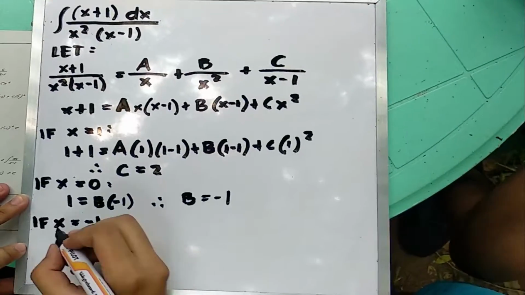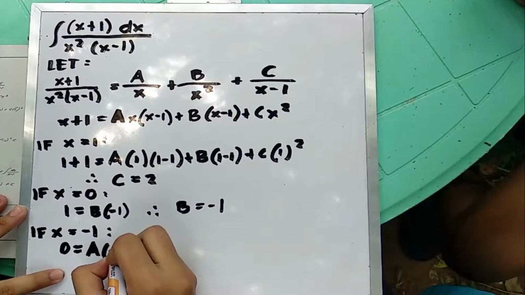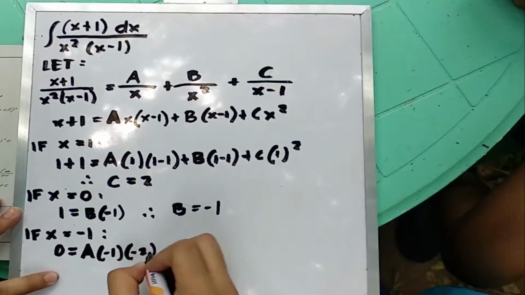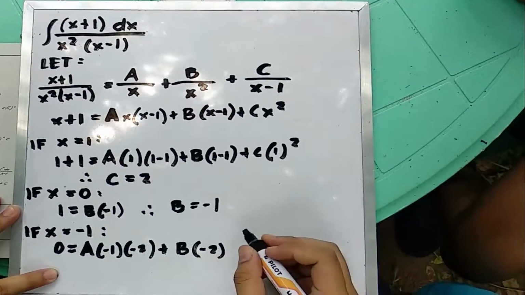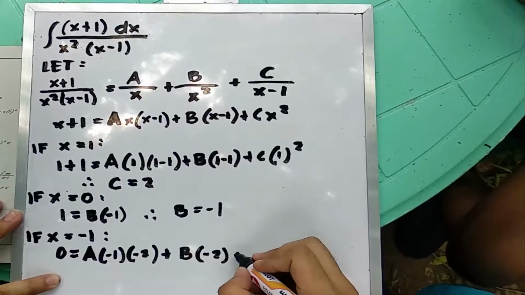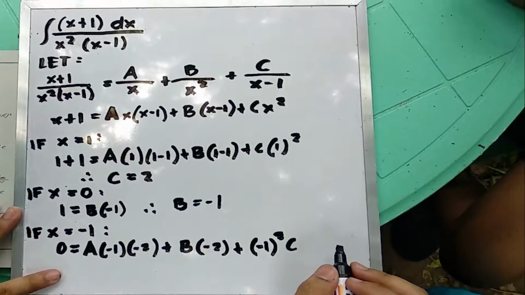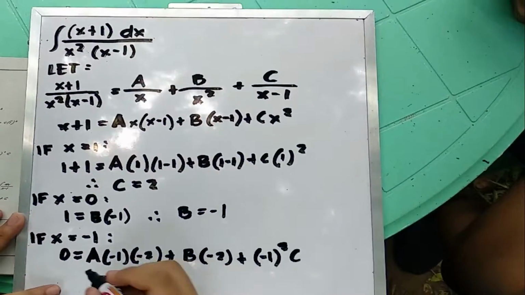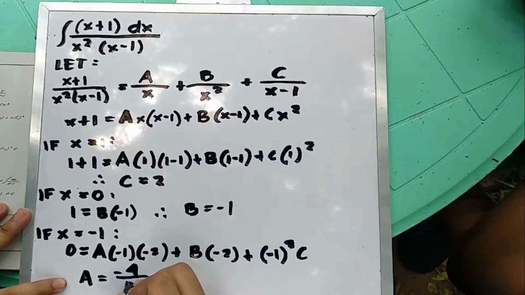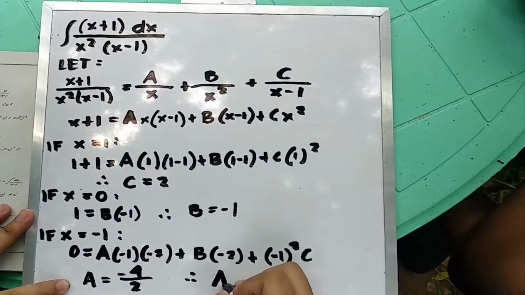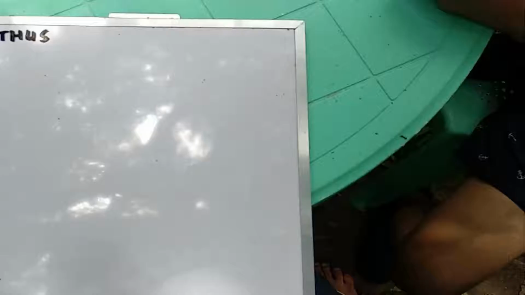If x is equal to negative 1, then 0 is equal to A times negative 1 times negative 2 plus B times negative 2 plus (negative 1) squared C. Then 0 is equal to A times 2 plus 2 plus 2. Therefore, A is equal to negative 4 over 2, which can be simplified further to negative 2.